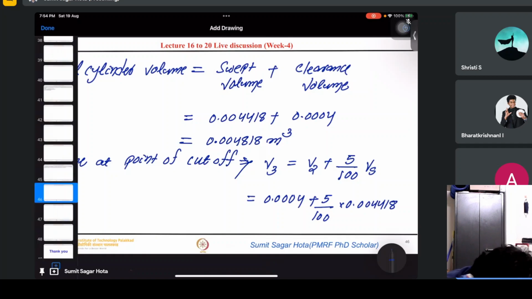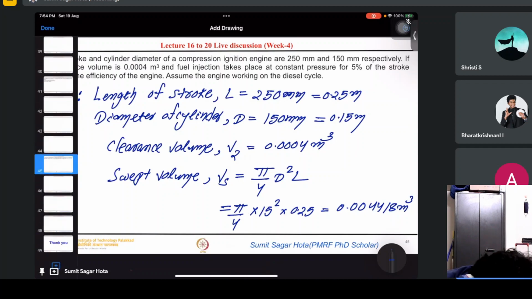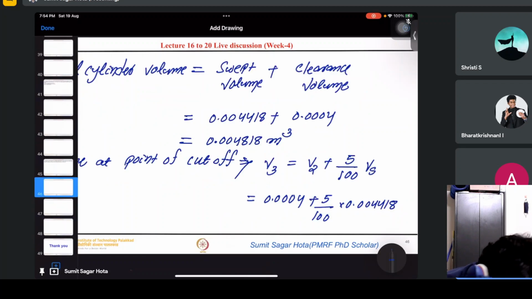Okay. Okay, so now we get the value of what? V3.